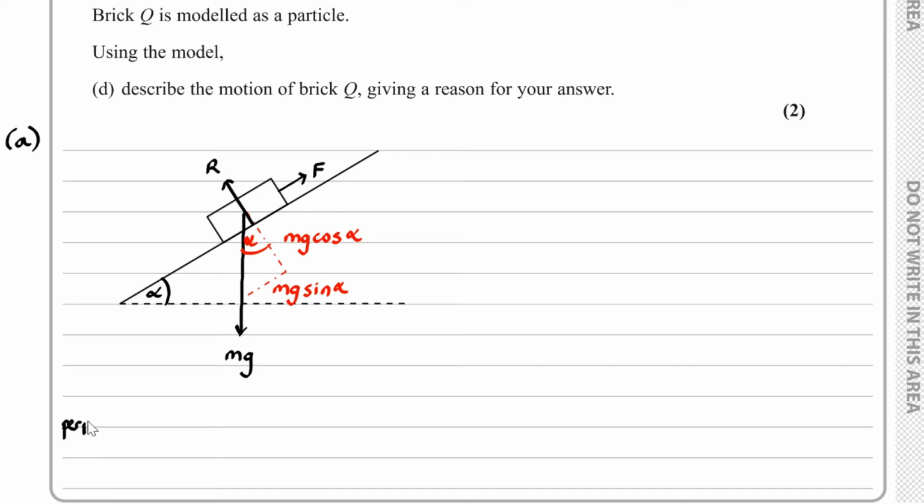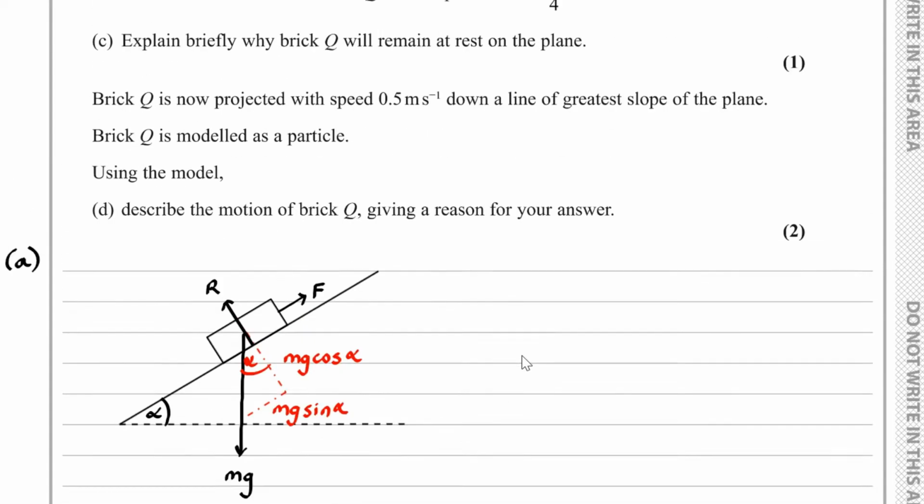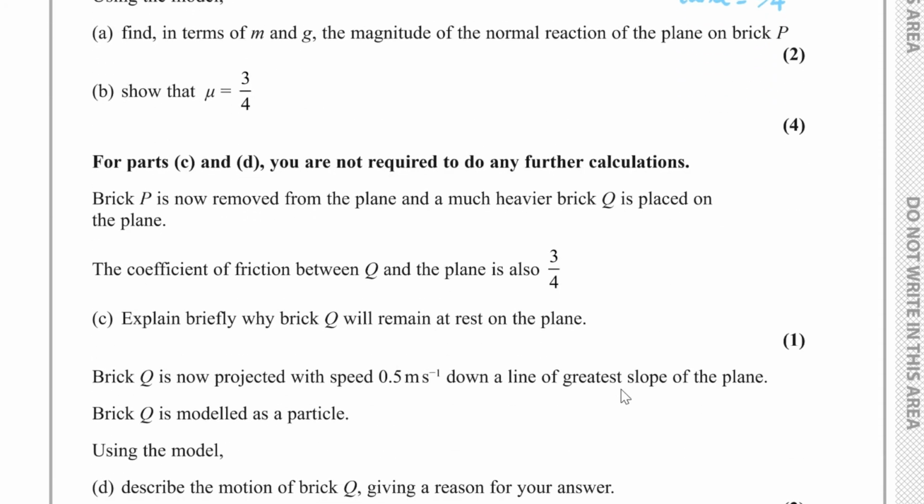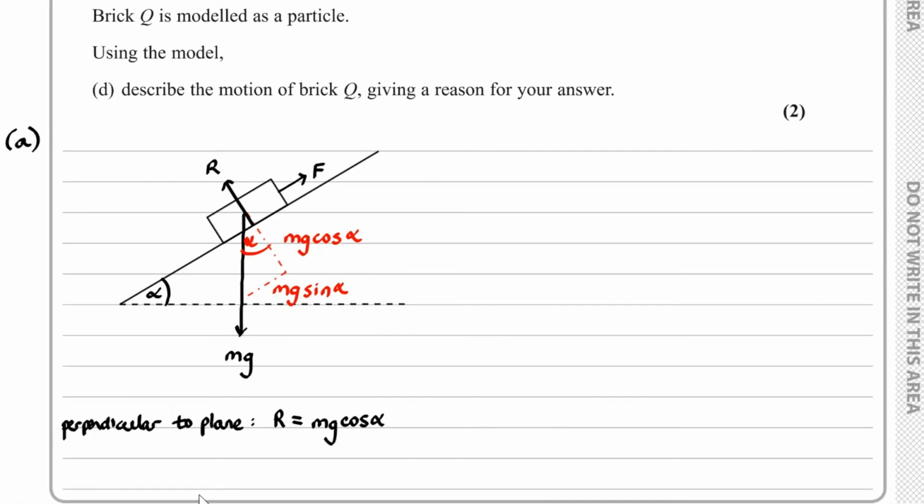Resolving perpendicular to the plane, we have R equals mg cos alpha. We said cos alpha was equal to 4/5, and therefore R is equal to 4mg over 5.